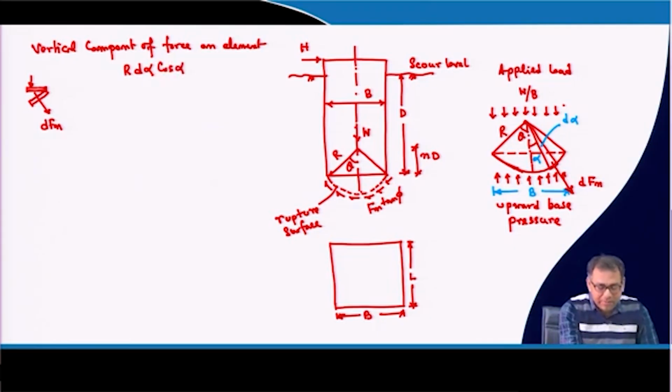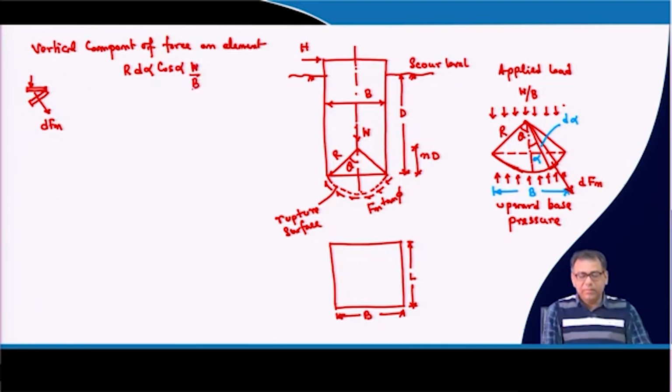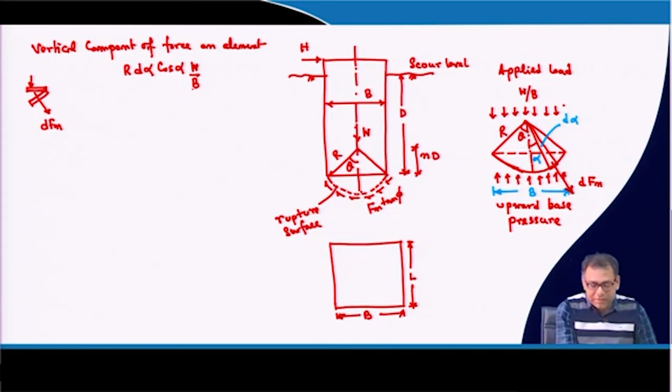This is the horizontal component of the element on which the vertical force will act. R d alpha is the element, and the horizontal component will be into cos theta. Then the vertical applied load which is acting, W by B. Okay. So, this is the total vertical component of the force.